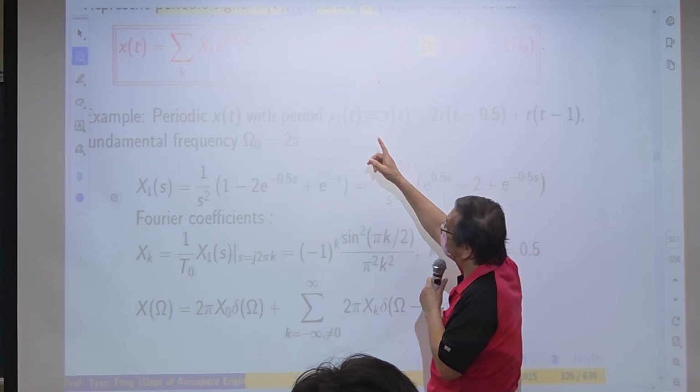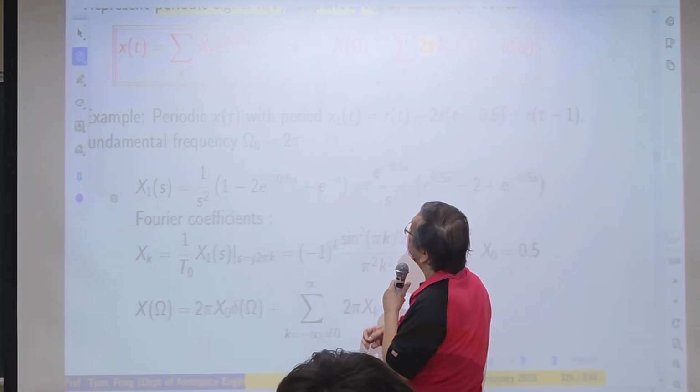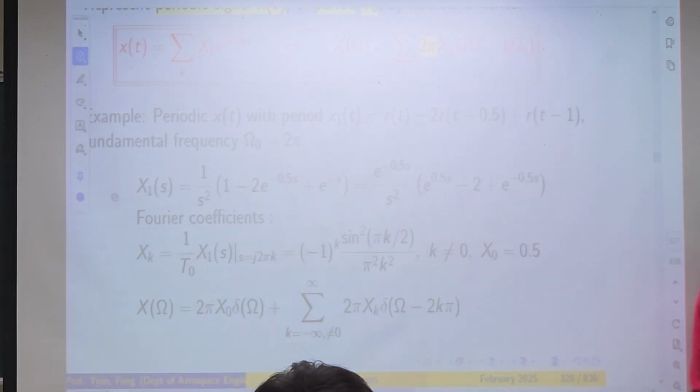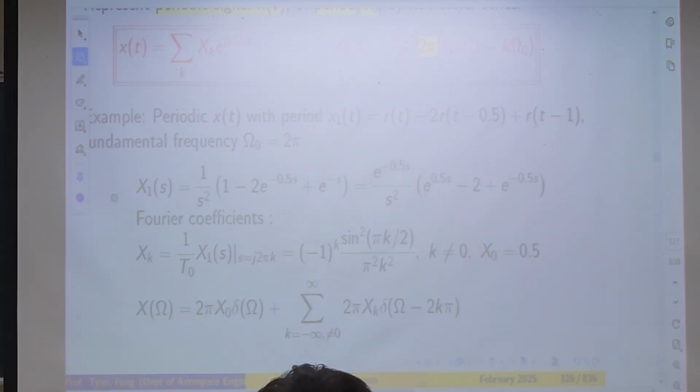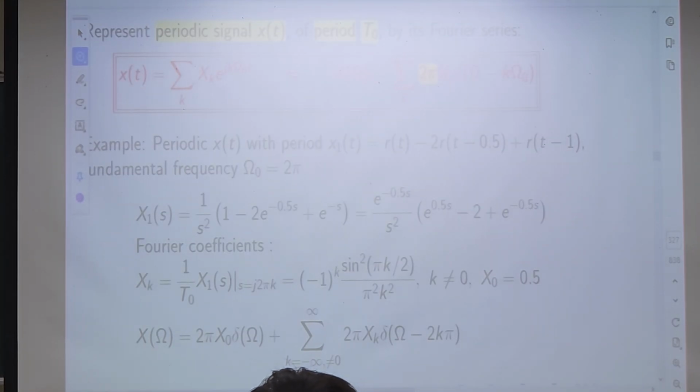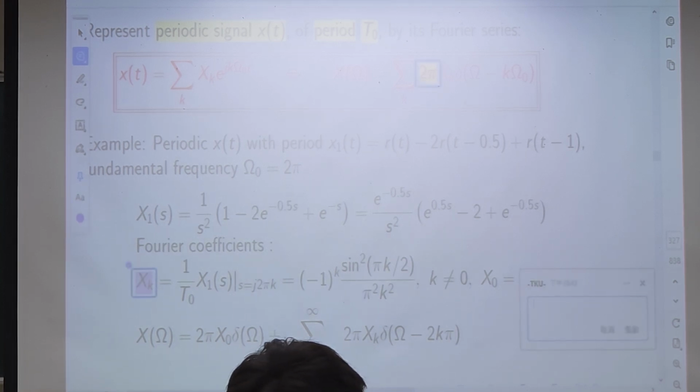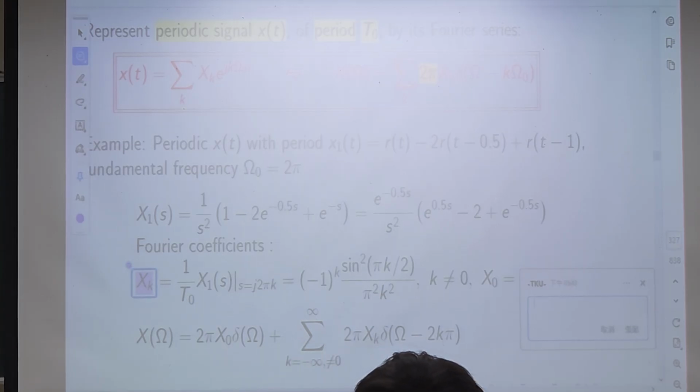And then the function. The Fourier transform of this periodic function would be simply x of omega equals 2 pi times x of k, suppose we have found x of k, and then times the Euler function, and then sum up over here.